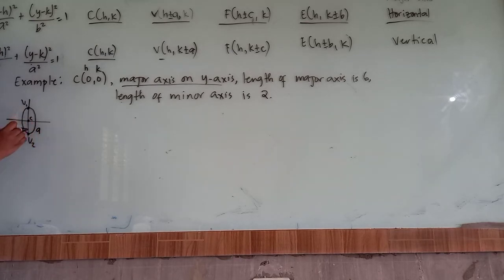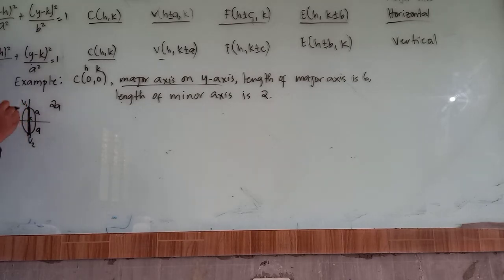Sinabi ko, center to V1 at saka center to V2 is the value of A. So, ibig sabihin, from V1 to V2, this is the major axis. So, ibig sabihin, the length of the major axis is given by 2A. Kasi nga, dinoble natin yan.